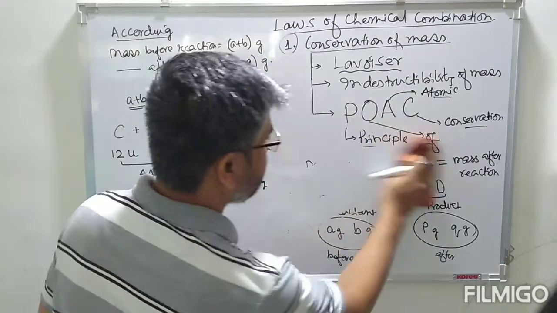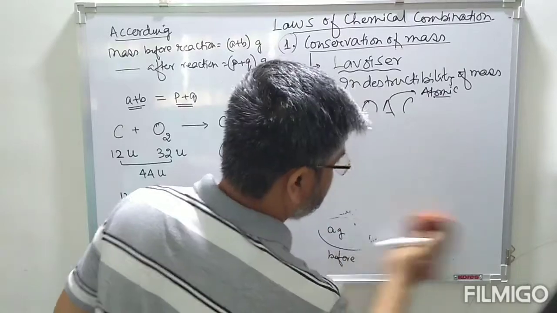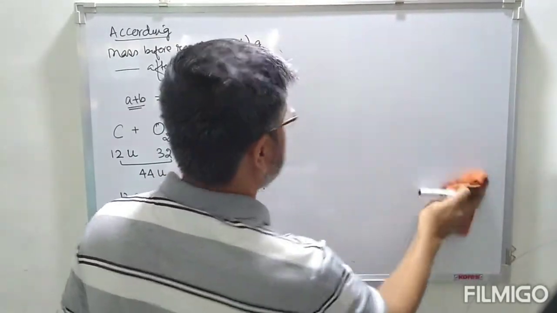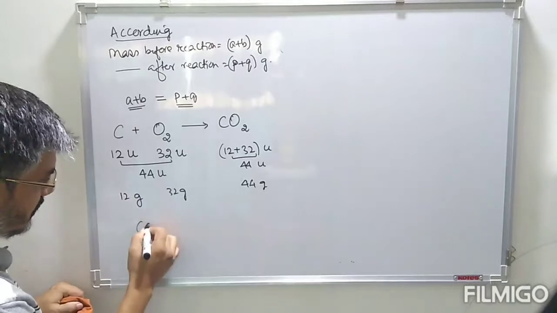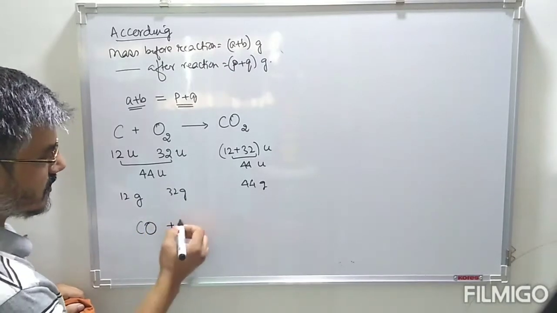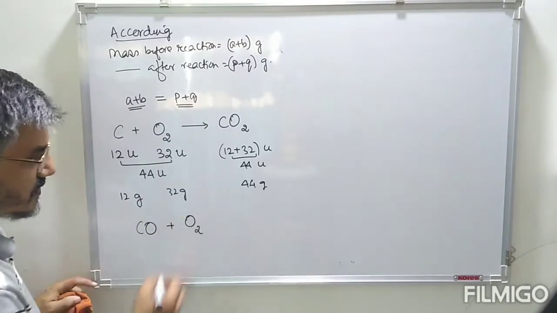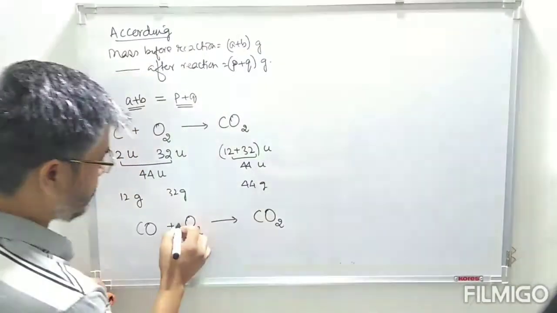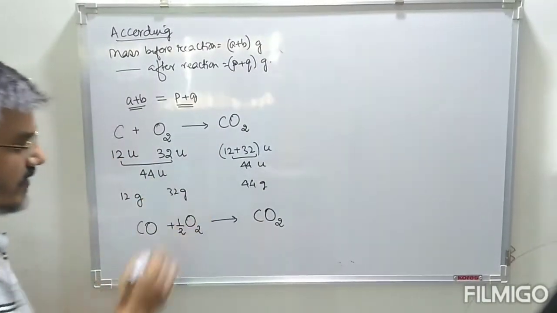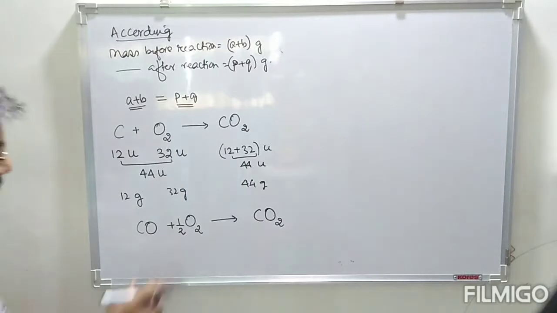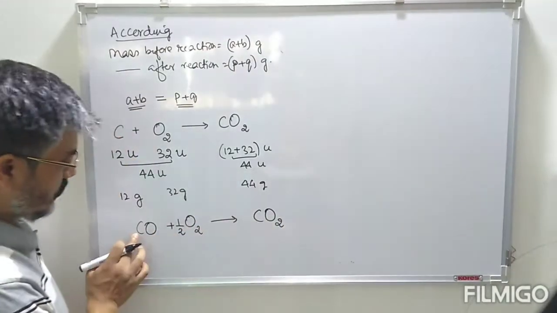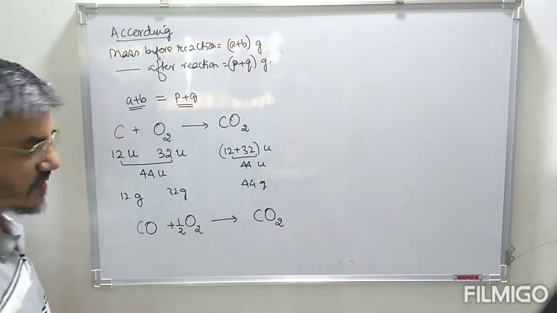Take another reaction. Like this, we have carbon monoxide combines with oxygen, and this gives you carbon dioxide gas. We have this balanced reaction. We have two atoms of oxygen on left hand side, two atoms of oxygen on right hand side, one carbon atom on either side.